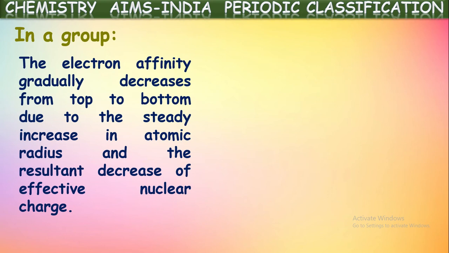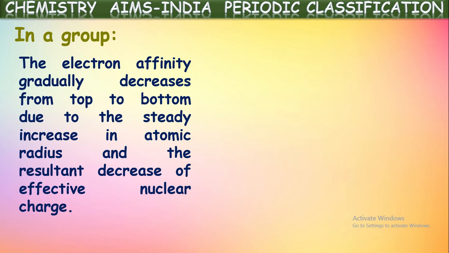Electron affinity gradually decreases from top to bottom due to steady increase in atomic radius and the resultant decrease of the effective nuclear charge. So what happens in a group? We know in a group from top to bottom size increases. At the same time, distance from the outermost orbit to the nucleus increases, and hence nuclear force of attraction on the outer shells will be less.